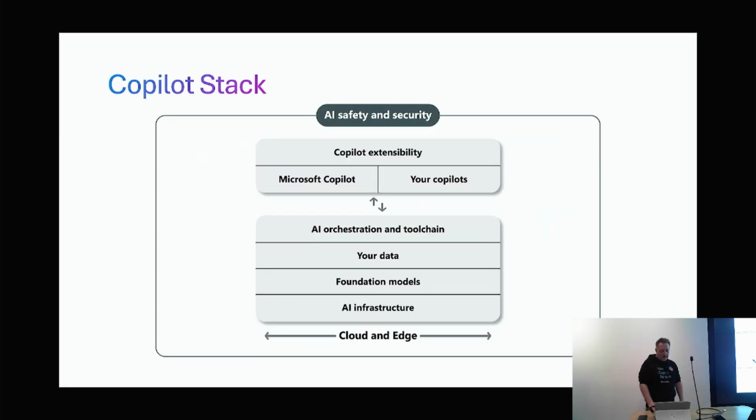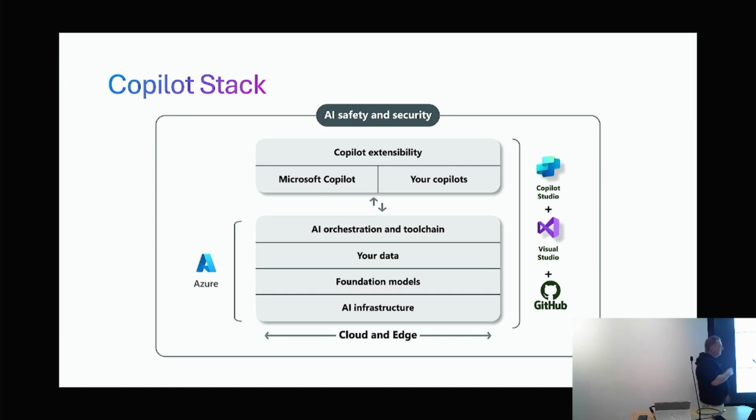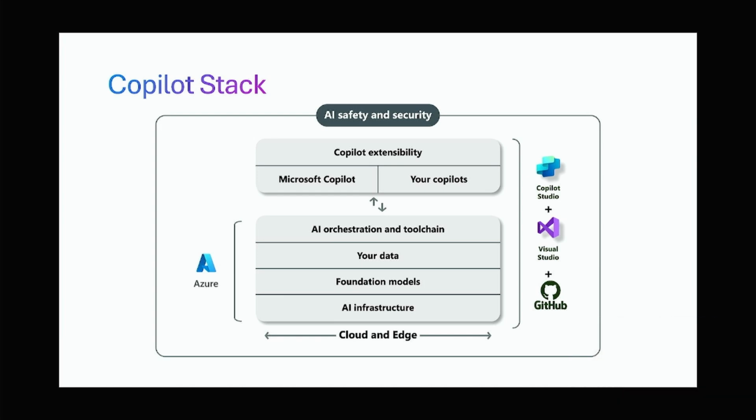So the AI safety and security, just a quick one while we're here. To give you a little bit of a breakdown, the AI infrastructure, this is all the Azure, Copilot Studio, which we'll also touch on, but I just want to bring it up now. Copilot plus Visual Studio plus all this, we can bring it in. Cloud, Edge, I'm singing to the choir a little bit here. Basically, everything below this line is real AI, or my term, real AIs.